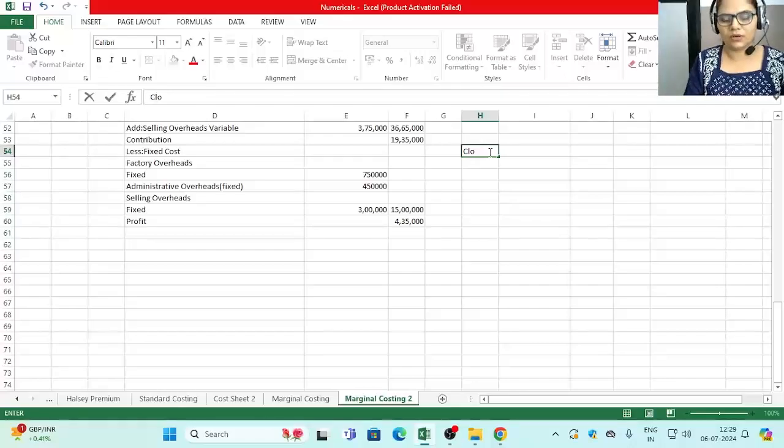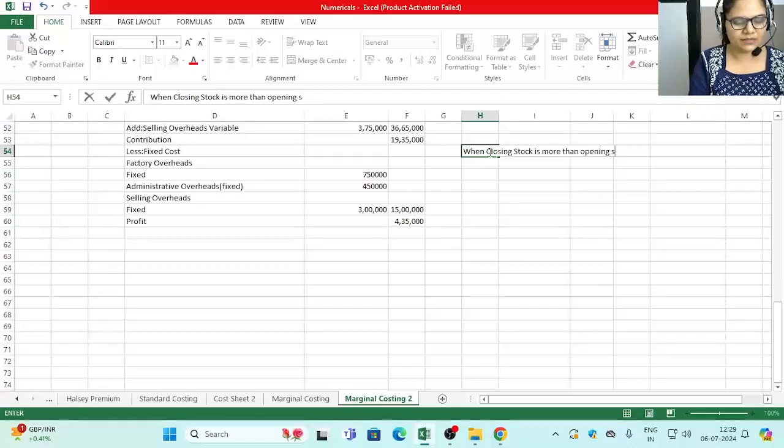When closing stock is more than opening stock, sales is less than production.